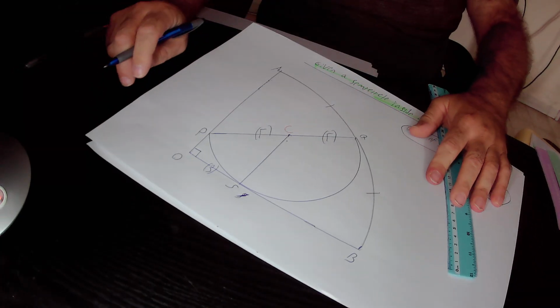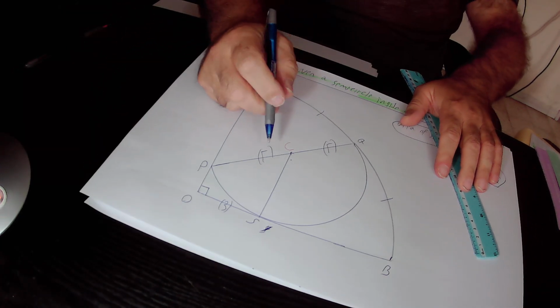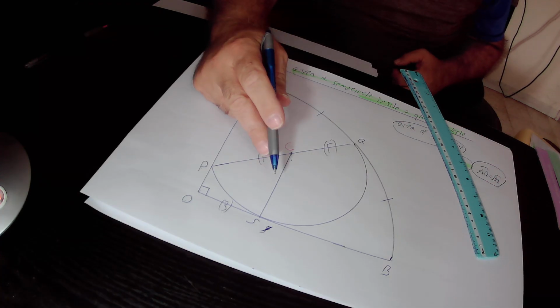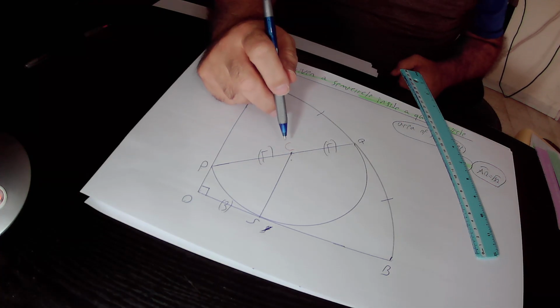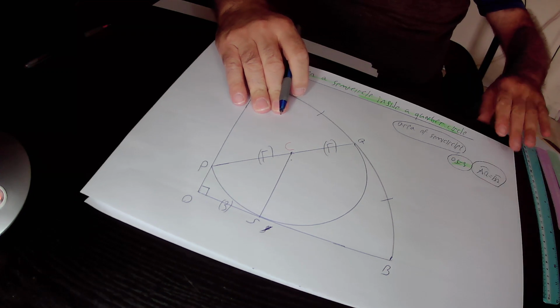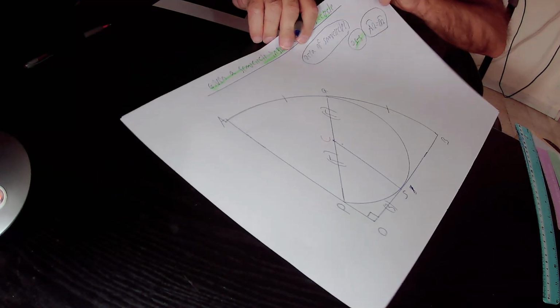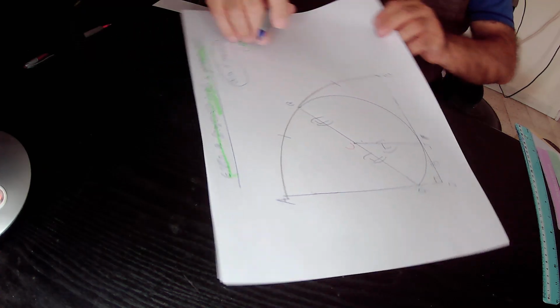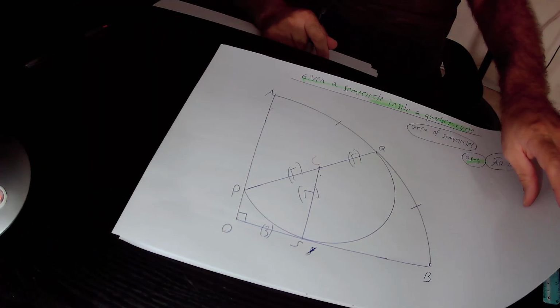Point C is the center of the semicircle. Point S is a point of the semicircle itself. Therefore, CS is the radius of this semicircle. It equals R according to our definition. So the radius CS equals R.